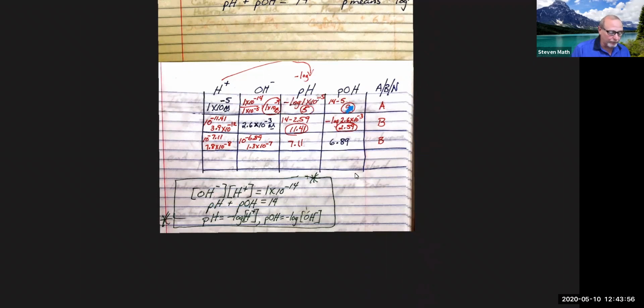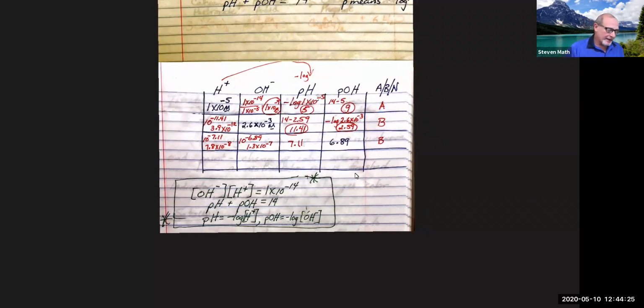Once I know these two have to add up to 14, and if I know that pH is less than 7, then I know that this is going to be an acidic solution. ABN stands for acidic, basic, or neutral. It's acidic if it's less than 7, basic if it's greater than 7, and neutral only if it is equal to exactly 7. 6.99 is acidic, 7.01 is basic.